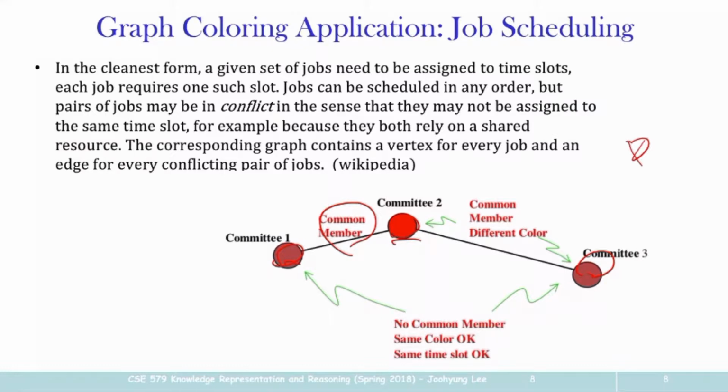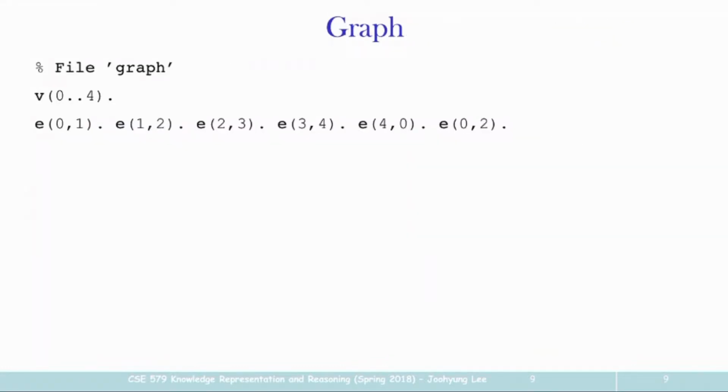Physically, the same student cannot be in two different classes at the same time. So those two classes should be colored differently. So it has a lot of applications. Any kind of resource that is to be shared, you cannot use the same resource for two different tasks. It can easily map into graph coloring problems in many cases. How do we solve this?